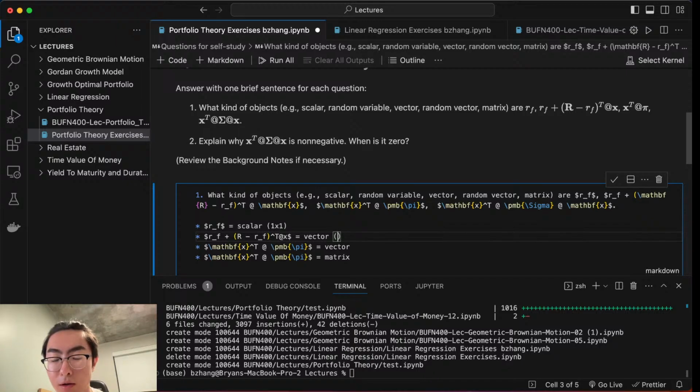So it'll be n returns, n by 1, and this will be an m by 1 vector, where n is the number of, I guess you call them assets in our portfolio, risky assets.